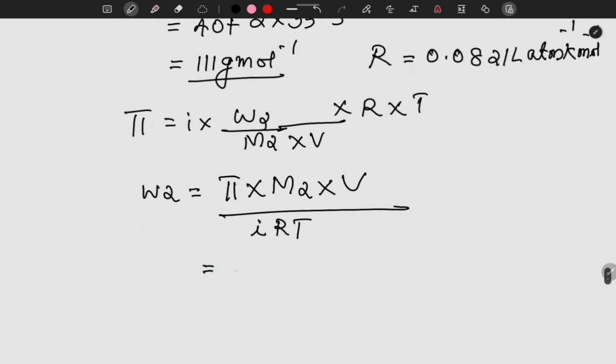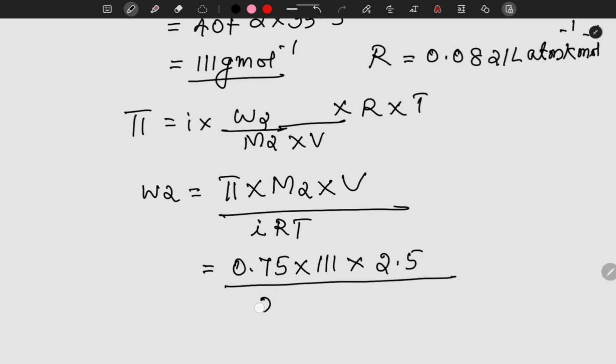So, osmotic pressure is given as 0.75 and molar mass we got as 111. Volume is given 2.5 liter.